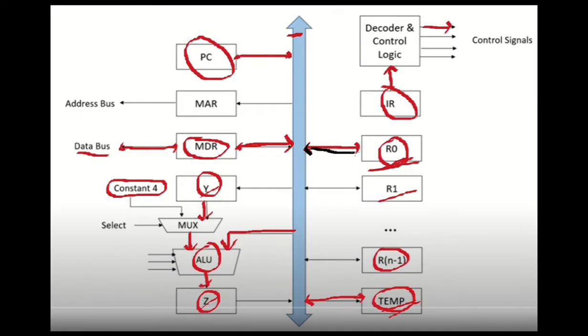Similarly, each of these units connected to the bus has appropriate control signals which decide whether they take data from the bus or put data out onto the bus.